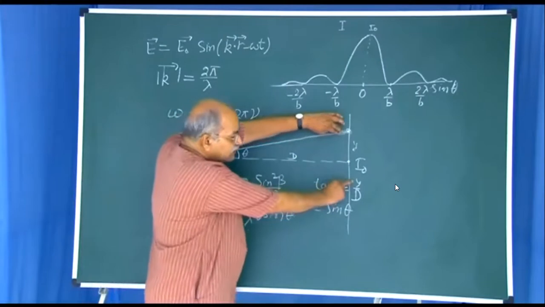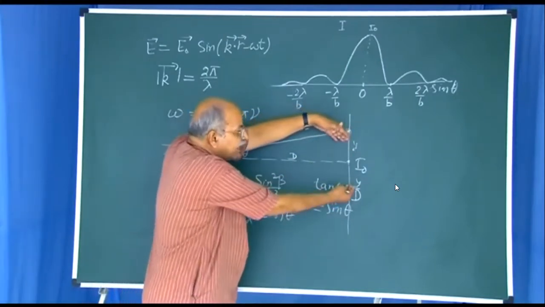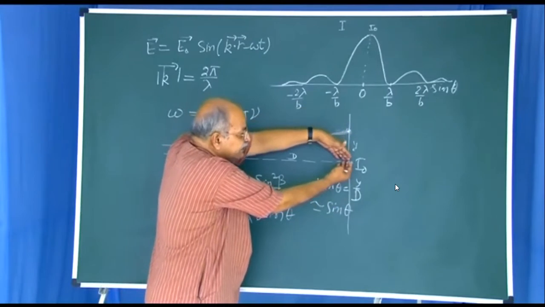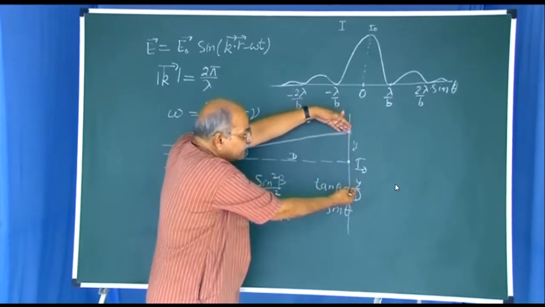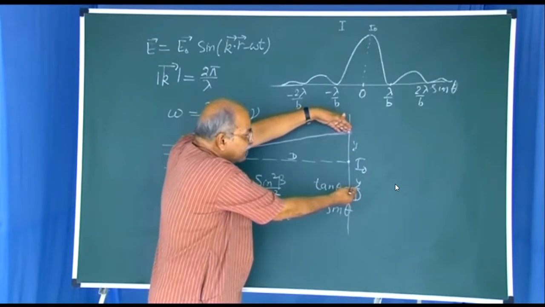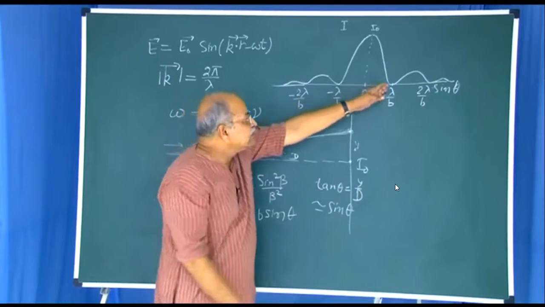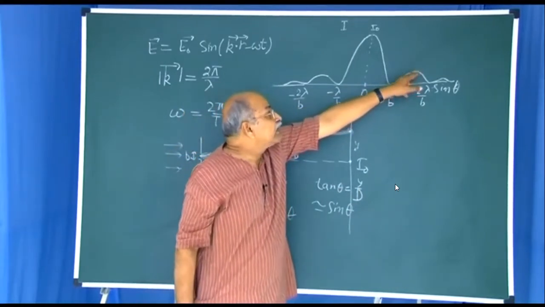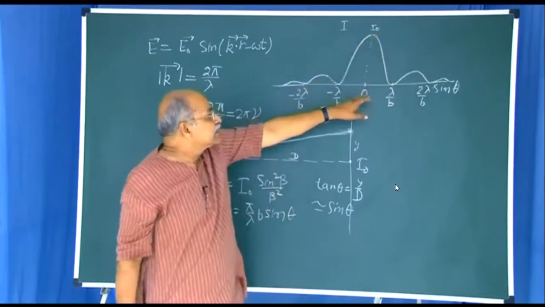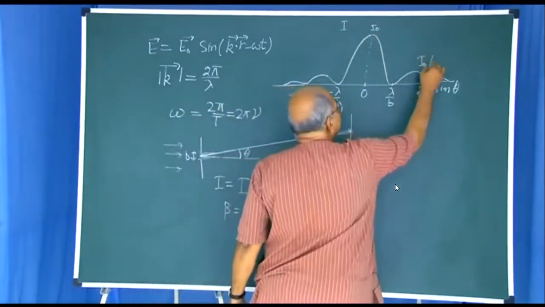So from that place to that place you will have a bright band, with maximum intensity at the center. The intensity will decrease and become 0 somewhere here. After that, according to this figure, it again increases and becomes a maximum. Of course, not that strong a maximum; it is I naught here, and this is almost I naught by 22 or so.